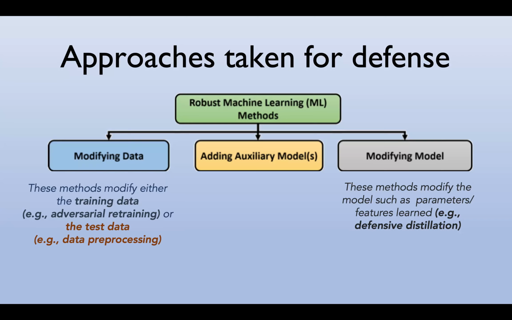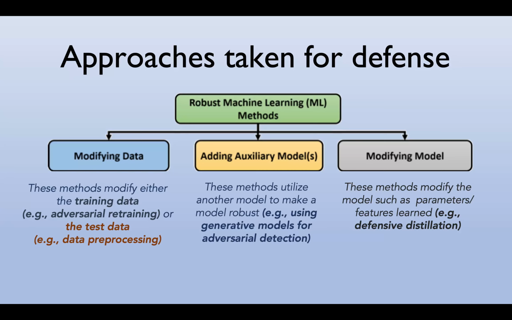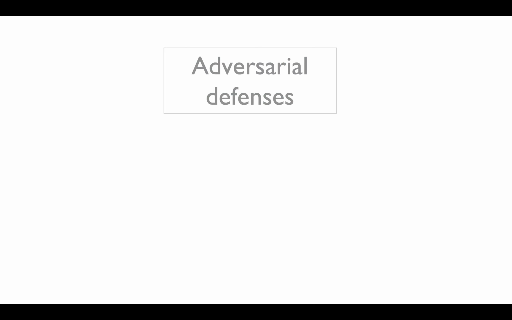But it was shown later that there are attacks that can still be launched despite obfuscated gradients. We can also make use of auxiliary models, and in these cases you make use of additional models. So for example, you make use of another GAN model or any other generative model for adversarial detection. So these are, broadly speaking, the approaches that people have taken.